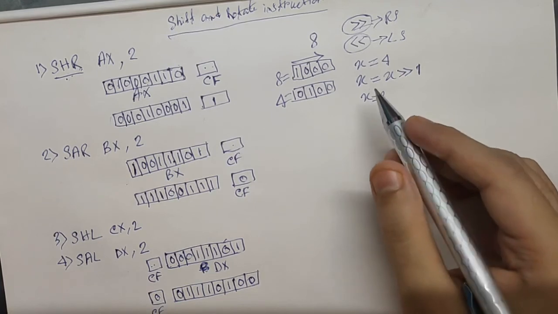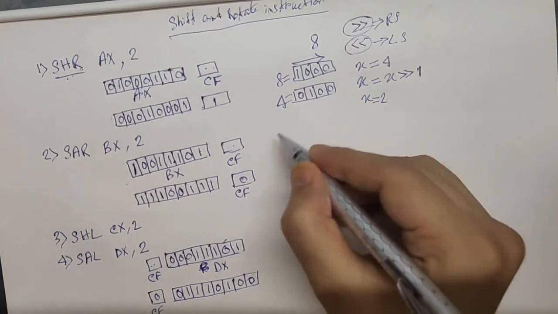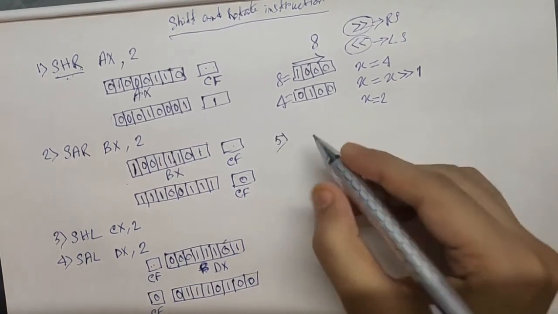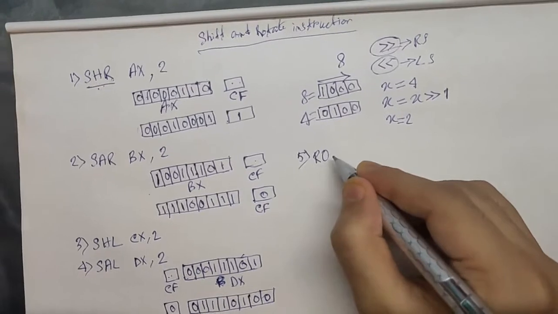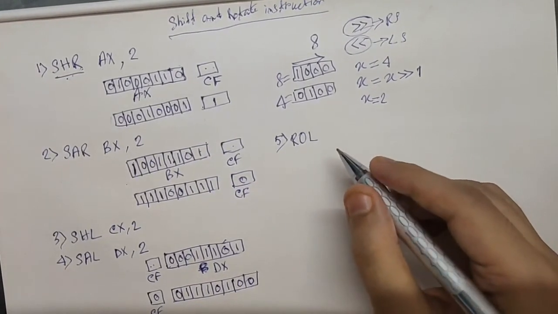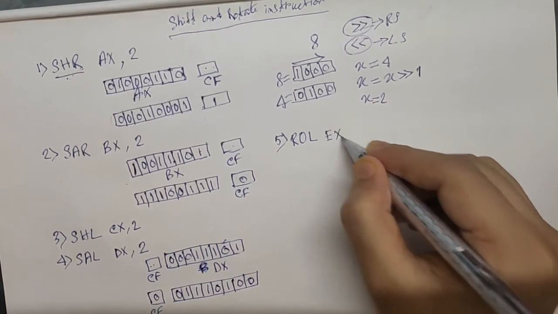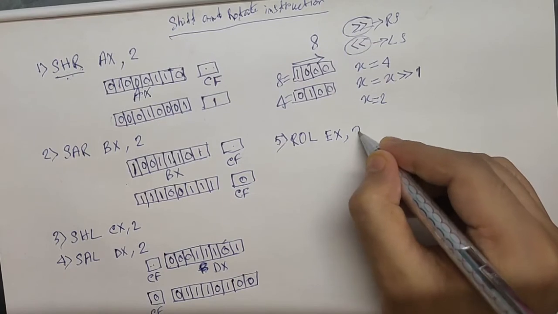So I'm just showing you one example. This is the fifth instruction, rotate left, and the parameters will be the same. Suppose it is ex, our register name, and I need to rotate this 2 times.